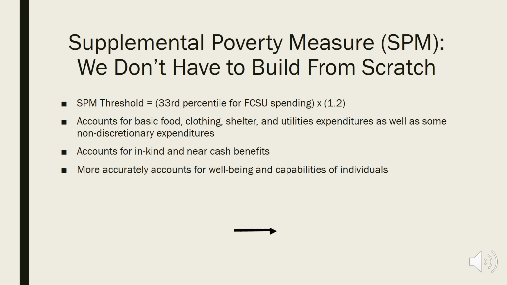So, now that we've settled on the SPM as our starting point, what's next? Additional research into non-discretionary expenses will help us maintain an accurate measure so that we avoid issues like the OPM where the threshold relies on an outdated expenditure model. This extra research will lead to greater accuracy so that the SPM can serve as a useful poverty measure as we define it.